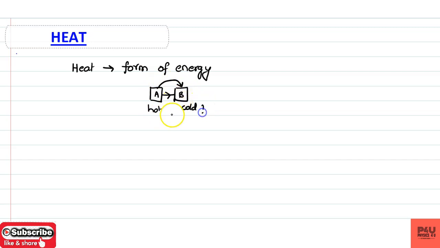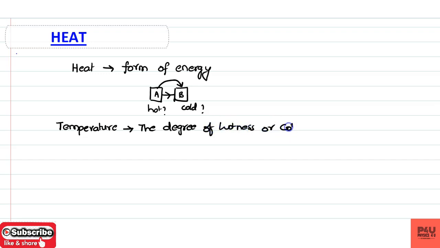Now, how can we decide which body is a hot body, which body is a cold body? So by the term called temperature, we can say the degree of hotness or coldness of a body. The degree of hotness or coldness of a body is known as temperature.